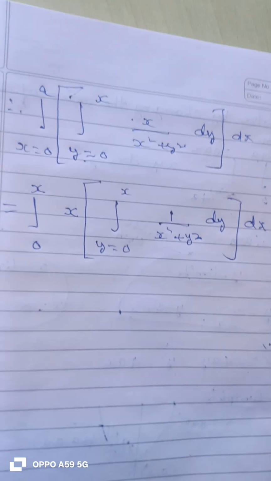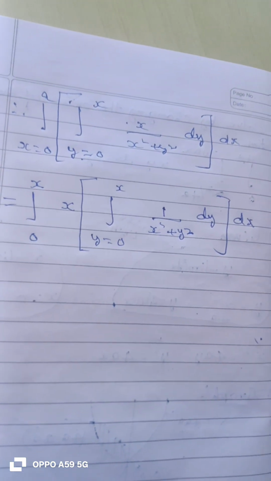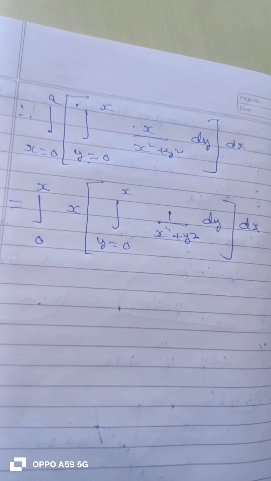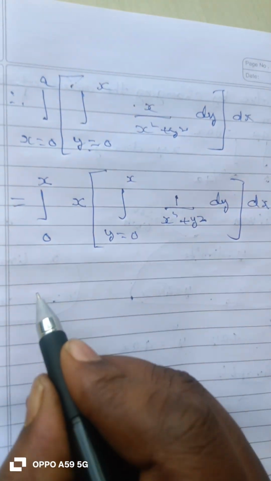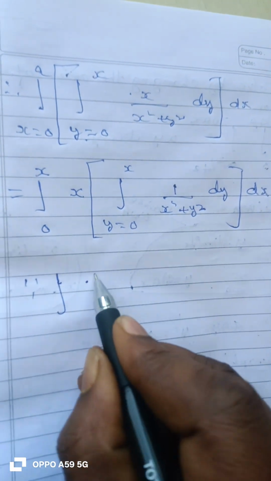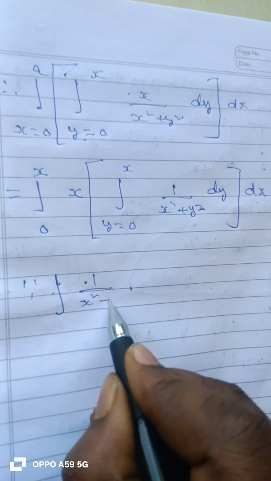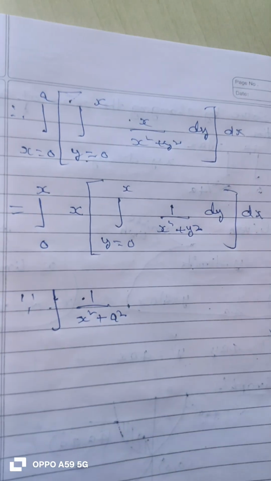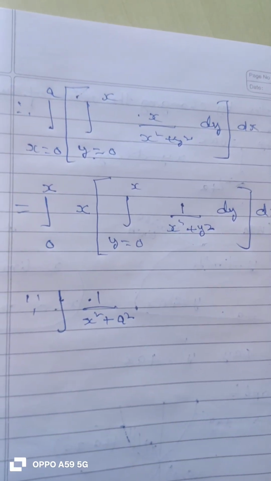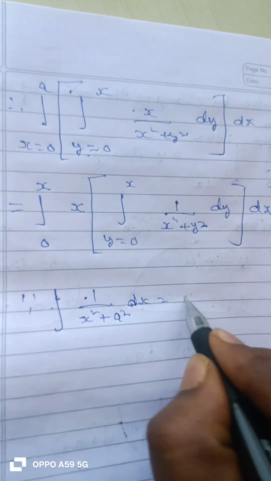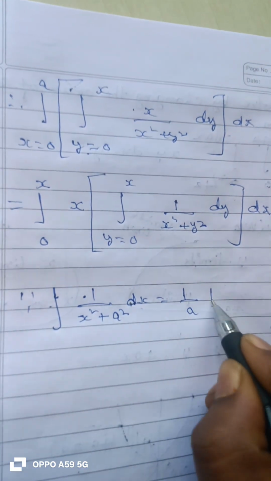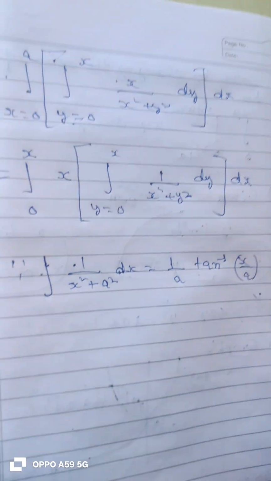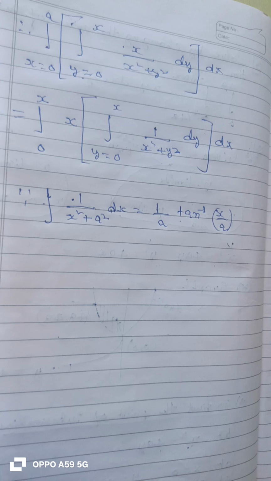In this I am going to use the formula and do the integration of this. So what is the formula? We know that integration of 1 divided by x square plus a square dx will become 1 divided by a tan inverse of x by a. So by using this formula I am going to solve this equation.